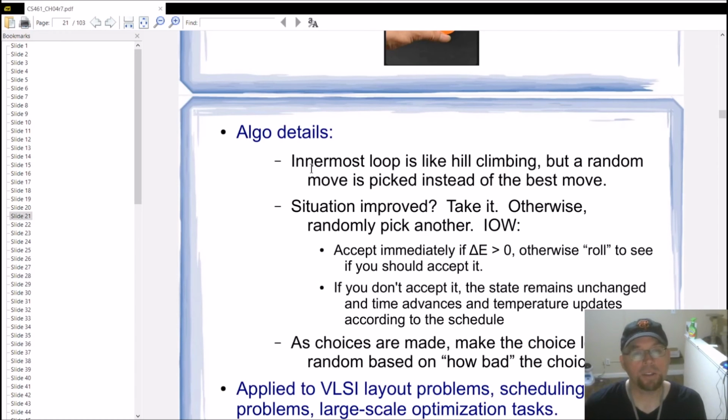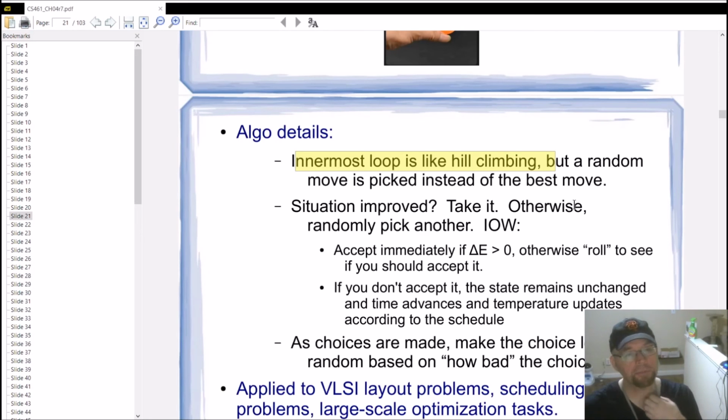Okay, so here's the idea. There's the innermost loop. That's like the hill climbing we've seen so far. But you're not going with the best move every single time. You're going with a random move. Now if the situation is improved, go with it.